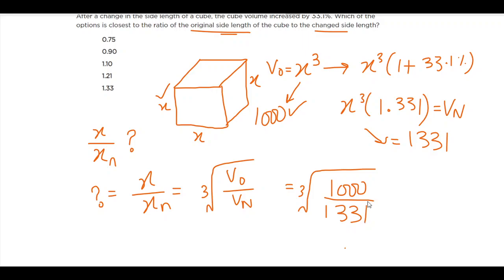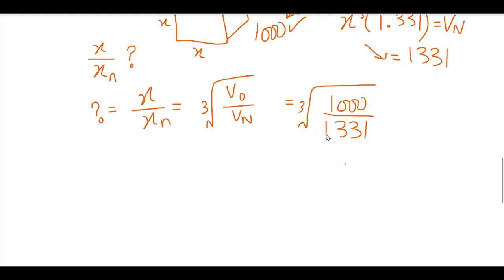I definitely know that the cube root of 1000 is 10, but I'm not exactly sure whether the cube root of 1331 is maybe 12 or 11. Let me use my calculator to find out. So 11 times 11 times 11 is, oh yeah, okay, everything checks out.